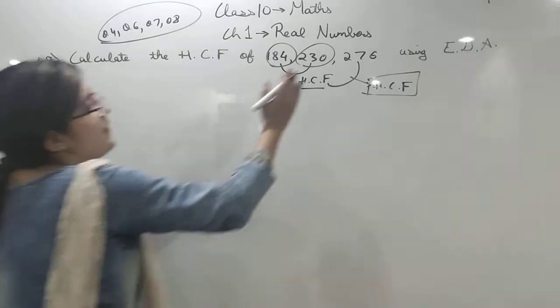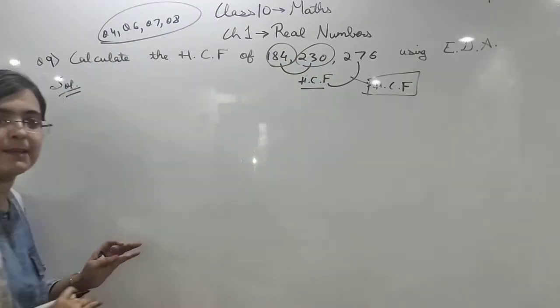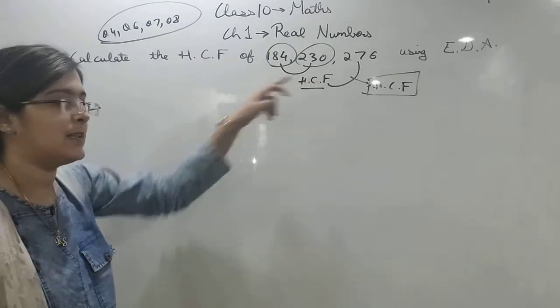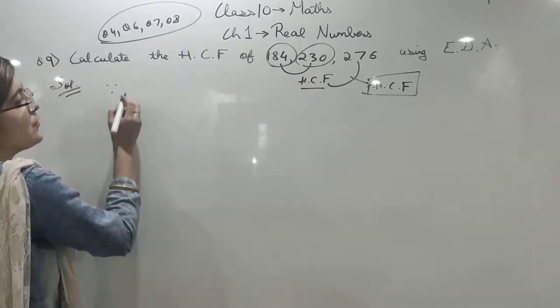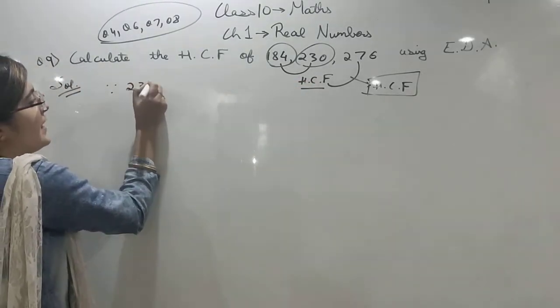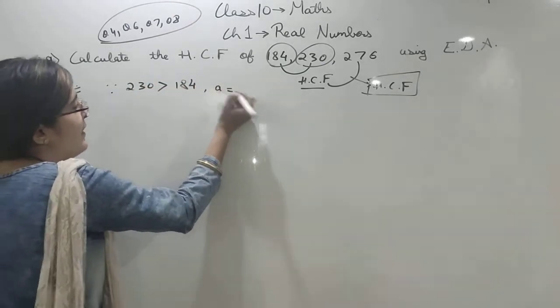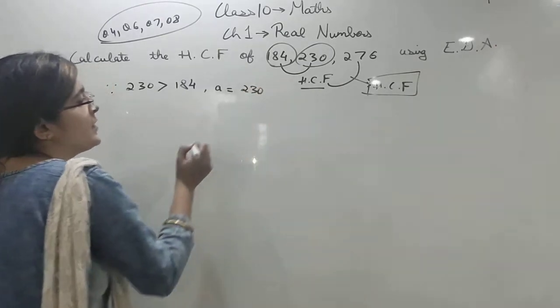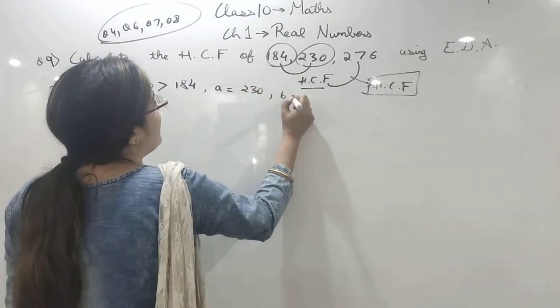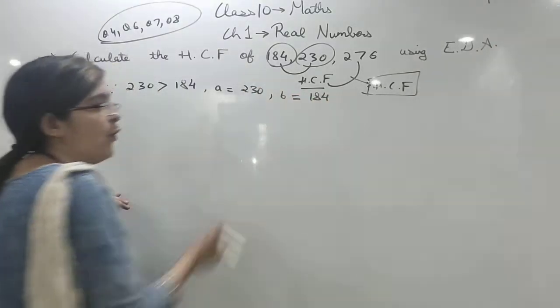Let's start. First we will consider only these 2 numbers, 184 and 230. Write it down. Since 230 is greater than 184, your A will be 230 and your B will be 184.